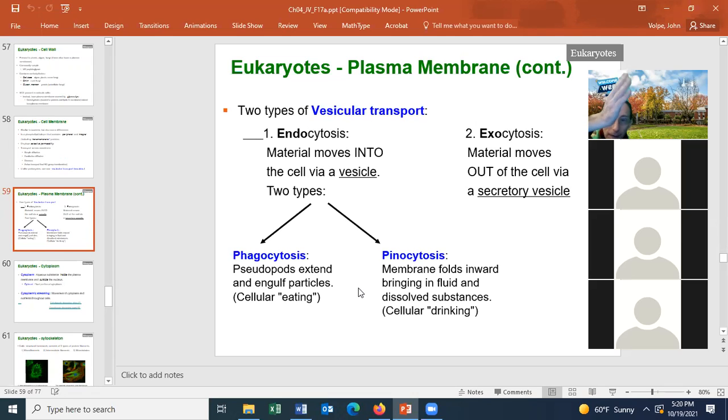Oh, there we go. So the cell membrane's like this, and it invaginates in the membrane.